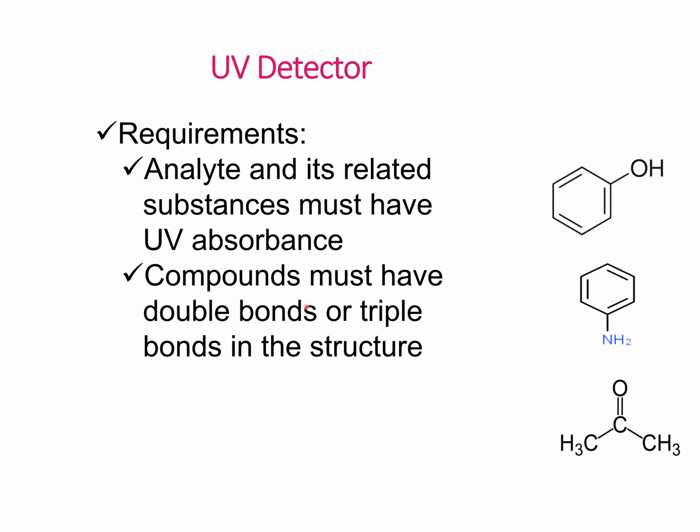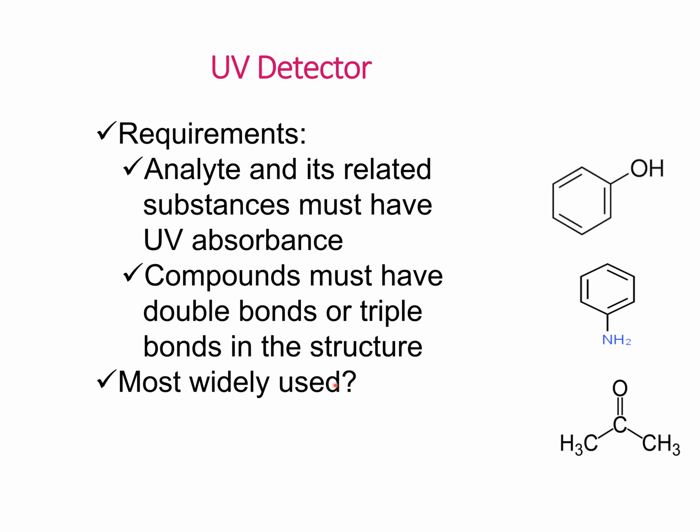Compounds must have double bond or triple bond in the structure. All these compounds, that is phenol, aniline, and acetone, have multiple bonds in the structure and hence can be analyzed using UV detector in HPLC.